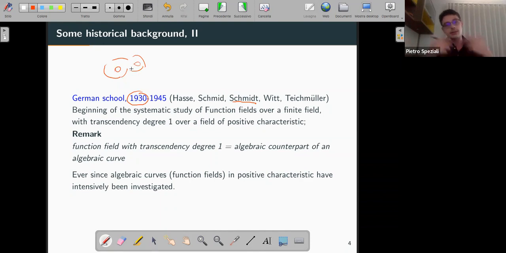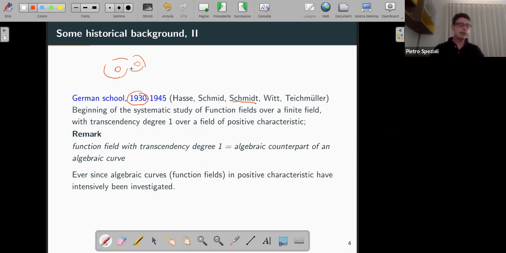So, for instance, the first time the concept of genus was introduced was through Riemann's theorem, a prelude to Riemann-Roch. So when you're studying positive characteristic, it's natural that the main tool of study of an algebraic curve, even if you're dealing with the geometry, is its function field.